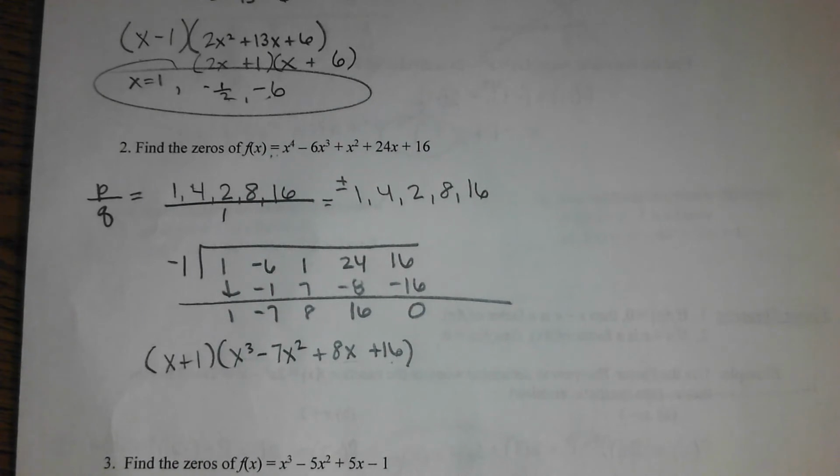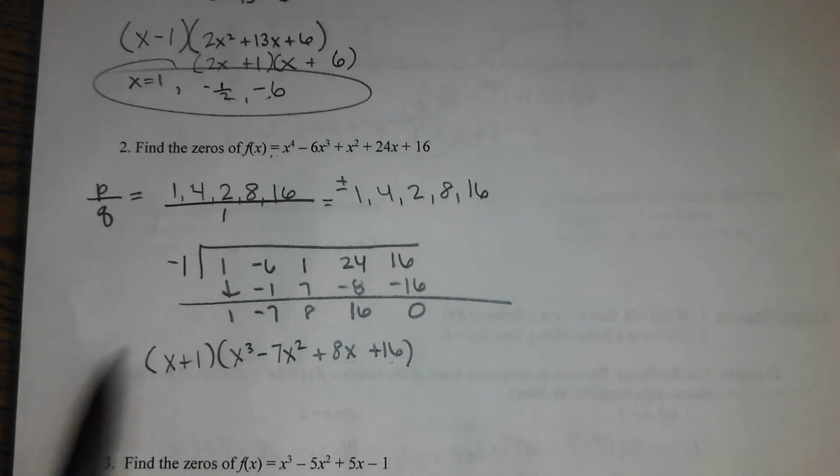Now, if you can group that 4 terms, you can do that. But most of the time, I'm going to be honest with you, I don't think it's groupable. So then you would just keep going with your synthetic division testing. Here's the thing that I always warn kids about, especially when they don't have a calculator, and this particular problem will show us exactly why this is the warning.